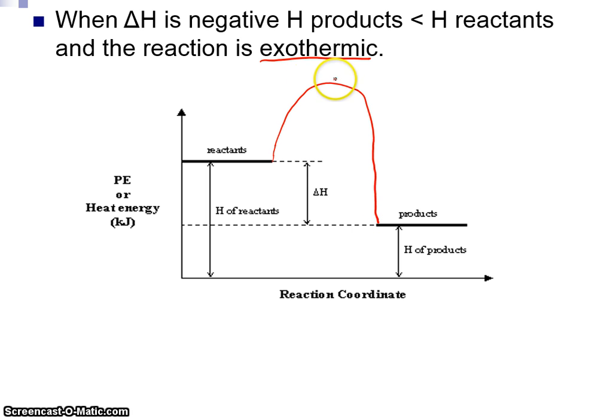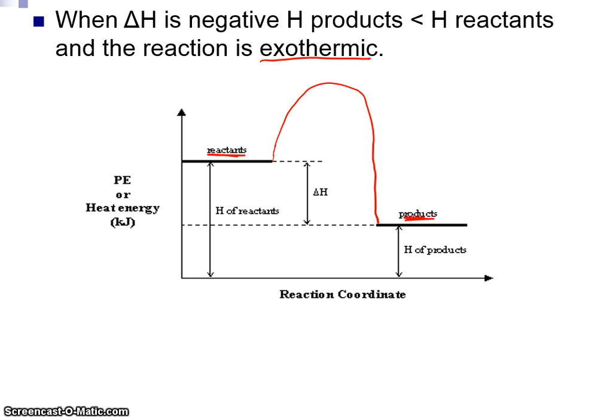So we had this as our activated complex, our activation energy, all in here, and then we're going to tie that all together in a minute. But what I want you to notice is that the heat of the reactants up here is greater than the heat of the products, and so this is our delta H. And so anytime our reaction is exothermic, these reactants will be higher than these products.